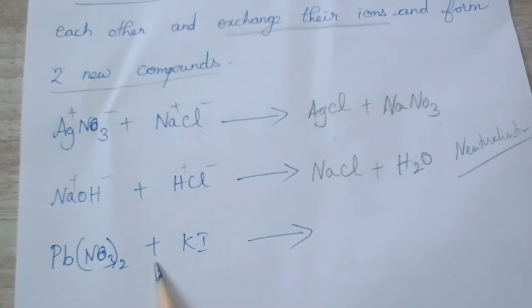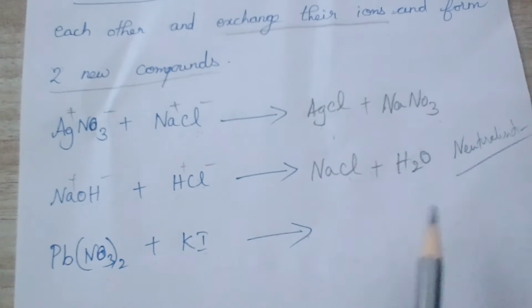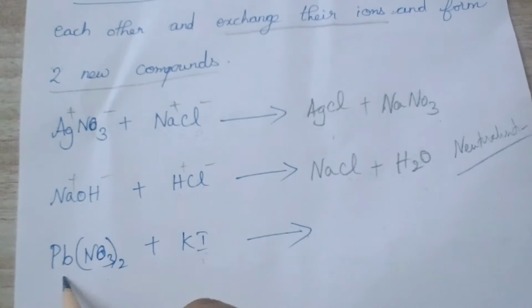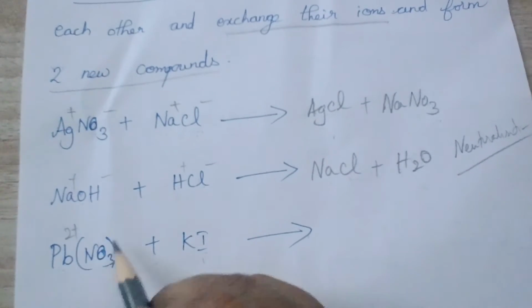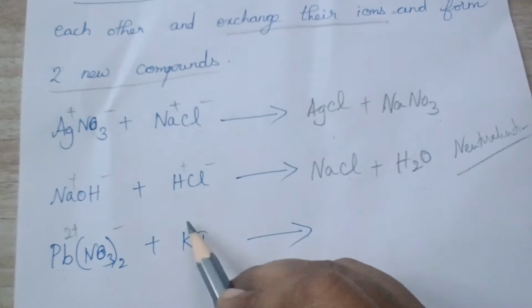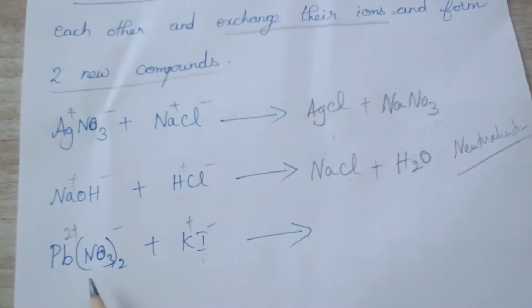Okay, next, lead nitrate reacts with potassium iodide to form, what are the compounds? This is a compound reacted with this compound to form two new compounds. So we'll write the charges first. Pb2 plus, NO3 minus, this is potassium 1 plus and iodide 1 minus. Okay, so we'll exchange the cations.